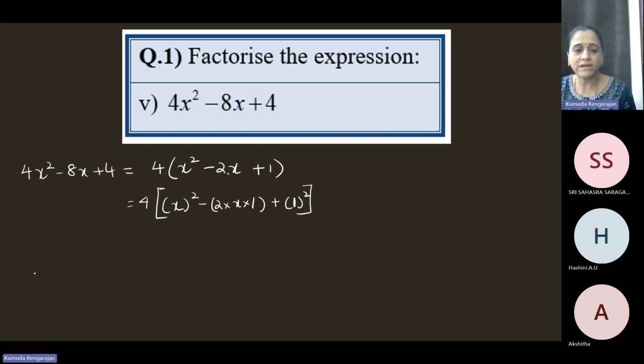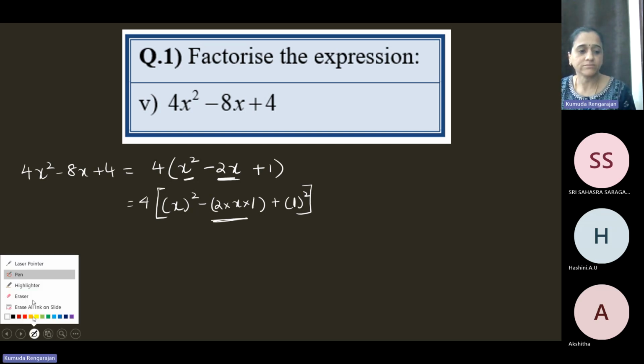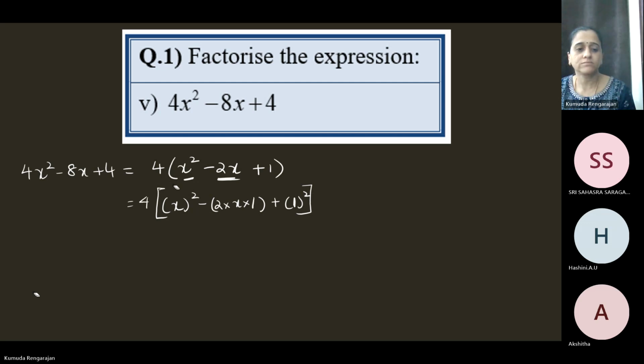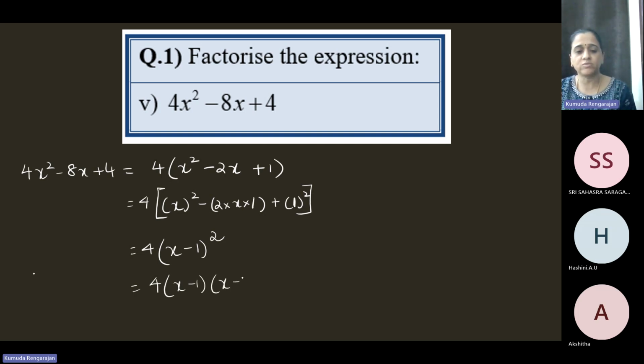Check the middle term, minus 2x. Yes. 4 into a squared minus 2ab plus b squared is a minus b the whole square. You can stop there or also write it as x minus 1 into x minus 1.